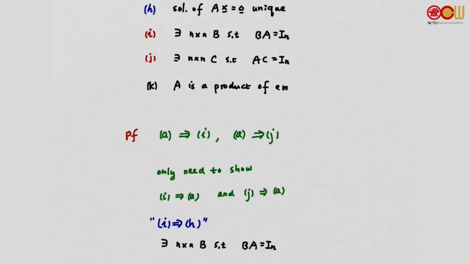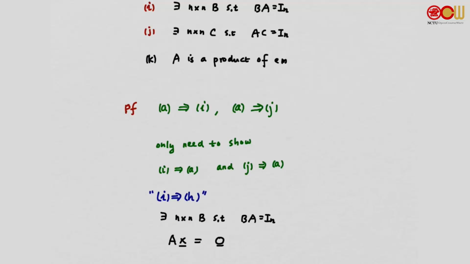According to I, we have an m by m B such that BA is the identity matrix. Now let's consider the homogeneous equation. Because BA is the identity, let's multiply B on both sides. Then what do we get here? We get BA the identity, so we get x on the left-hand side and 0 on the right-hand side.